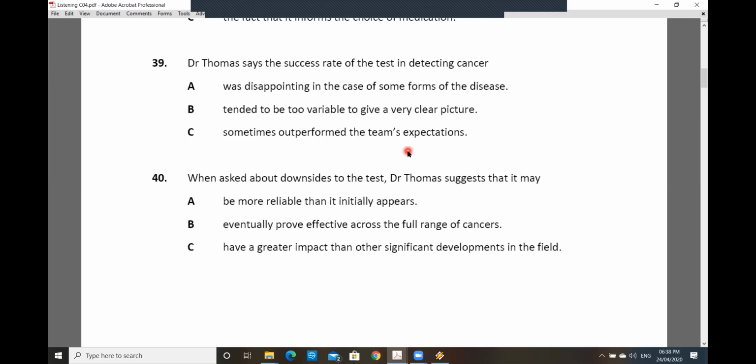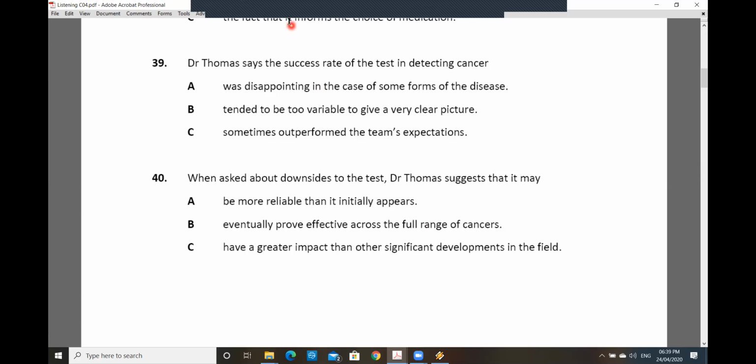So he sticks to that point: he accepts that it cannot detect all cancers, but it is able to detect the most common ones. It is also able to detect the ones which are not detected by other tests, and it is able to diagnose those cancers early enough. So full range of cancers is not the correct word that he was trying to suggest. So that helps me to rule out B here.